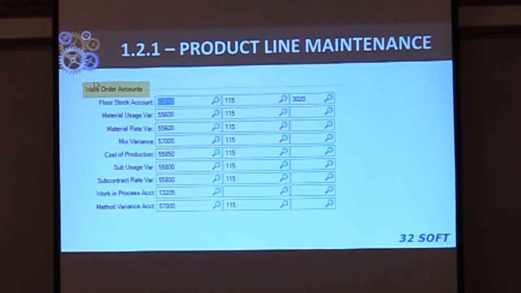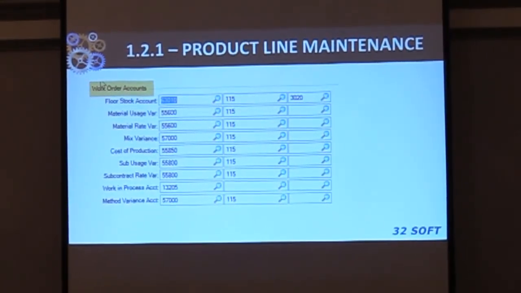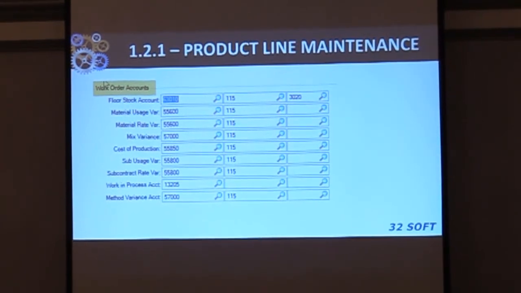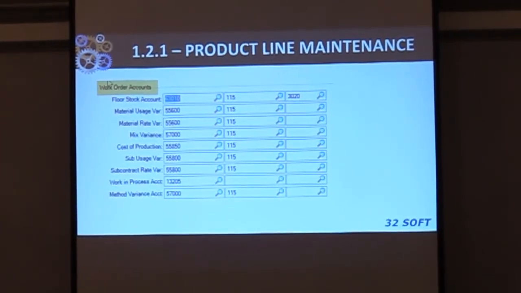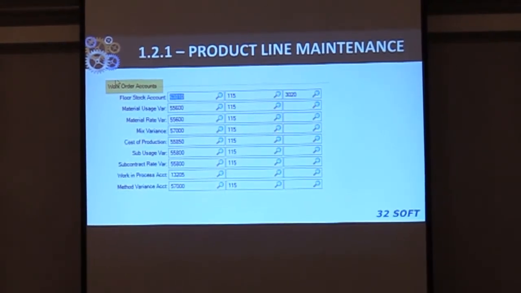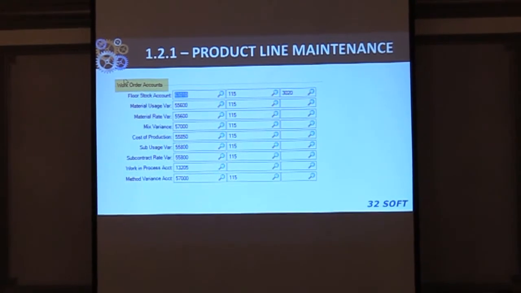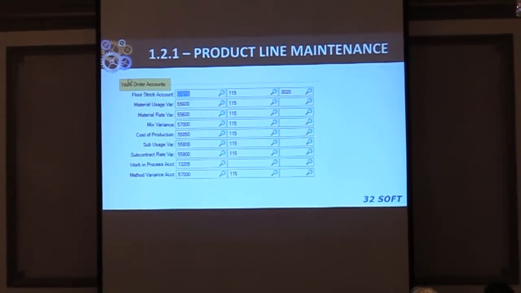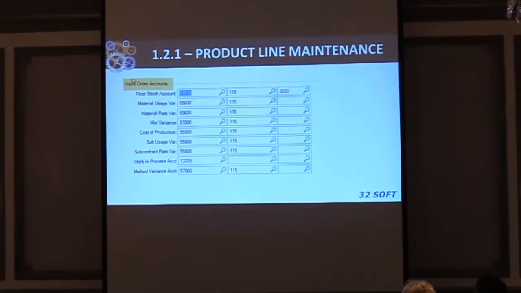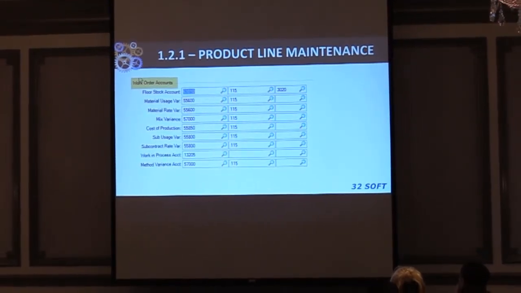And one of the frames is this work order account. So this is how QAD is going to use the transactions within the operational side of the business. Well, this is where you get into EE. And so you define the various accounts that are going to be getting data from the work order system.